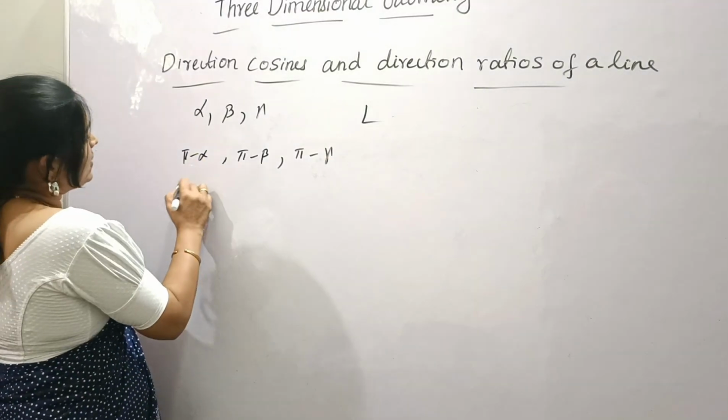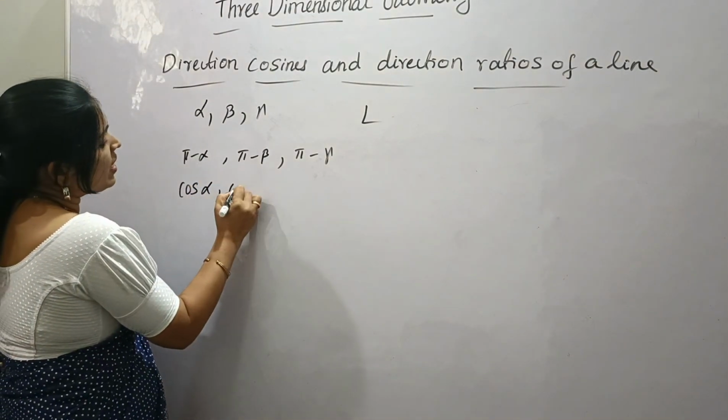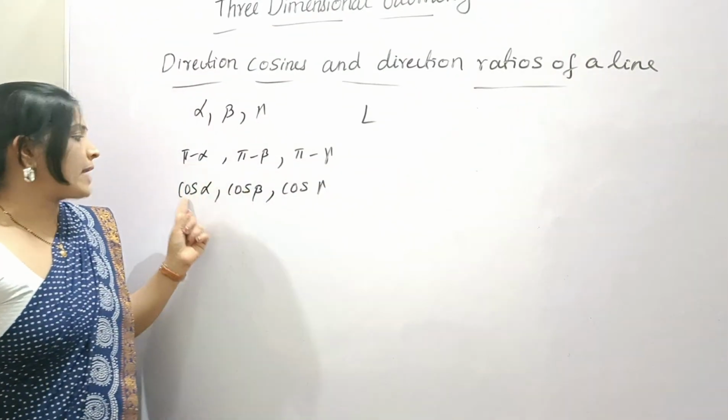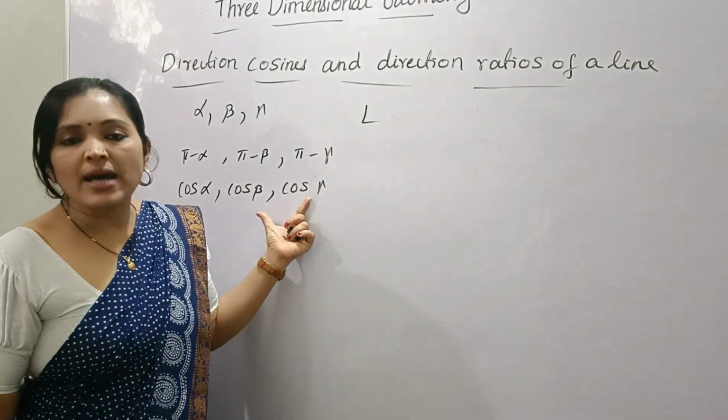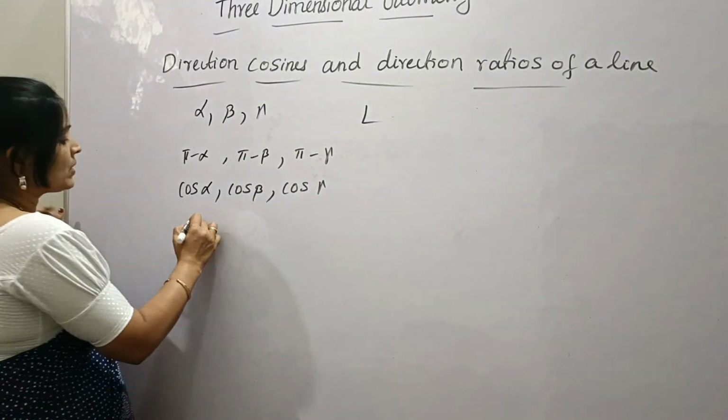Cos alpha, cos beta, cos gamma are the direction cosines, and what is the relationship between them?